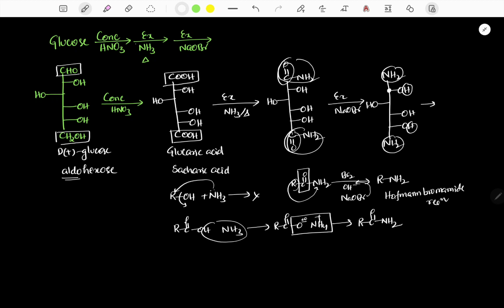Therefore we can write the answer CH double bond O. So these two are the carbons and the remaining OH right side and OH left side. So this is our final compound. The first reaction is oxidation. Next reaction is first acid base and then nucleophilic substitution type reaction. Next one is Hoffmann bromamide reaction.